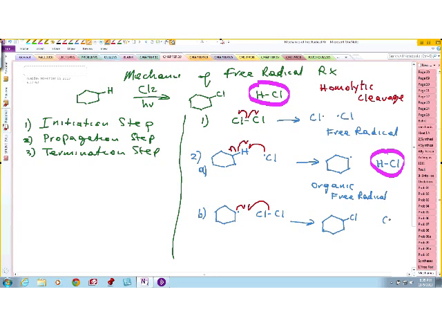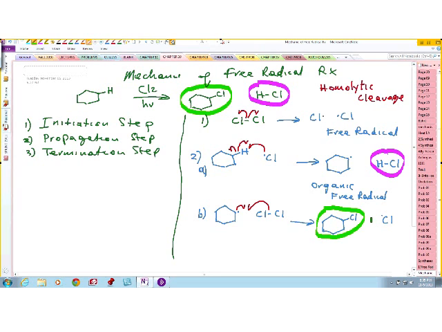And now you regenerate another chlorine radical, free radical. So this is the point at which we form the product, which is this product here. The second step of the propagation step, that is when you form the product. Now, this free radical that is now formed goes back.